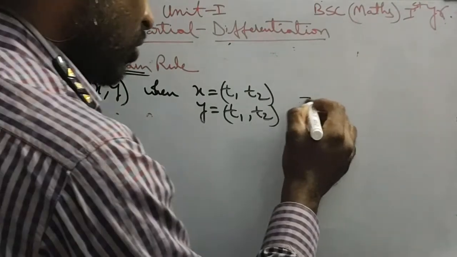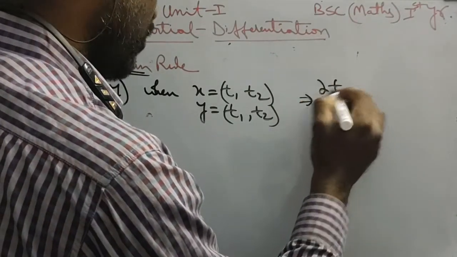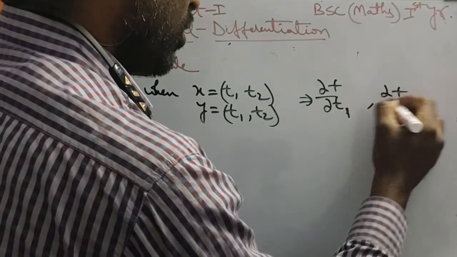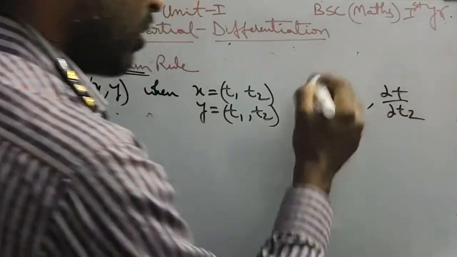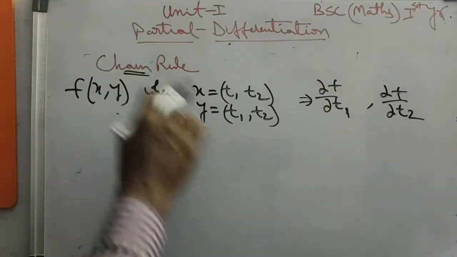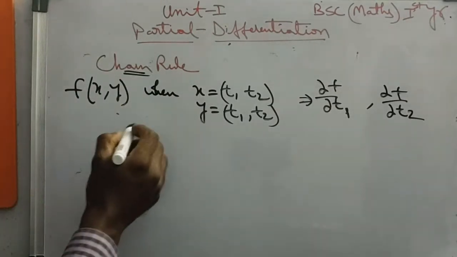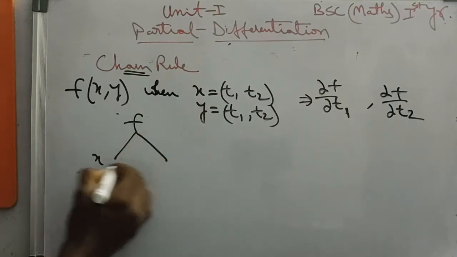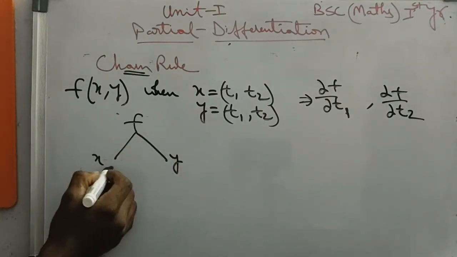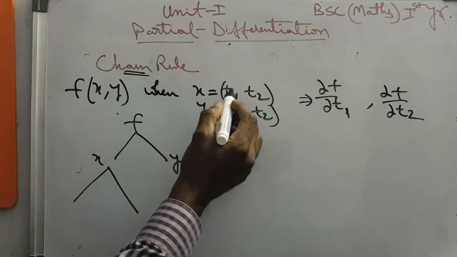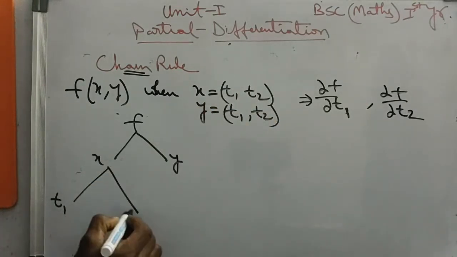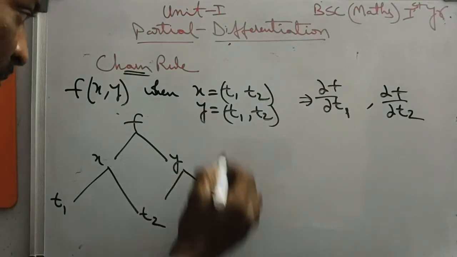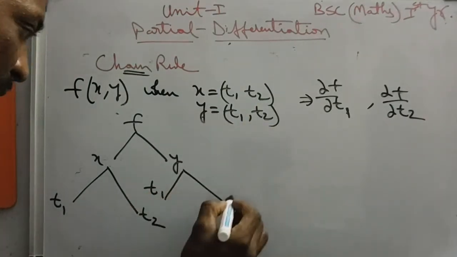That means we also have to find dou f by dou t1 and similarly dou f by dou t2, with the same rule. f is a function of x, y. x is in terms of t1, t2, and similarly y is in terms of t1 and t2.